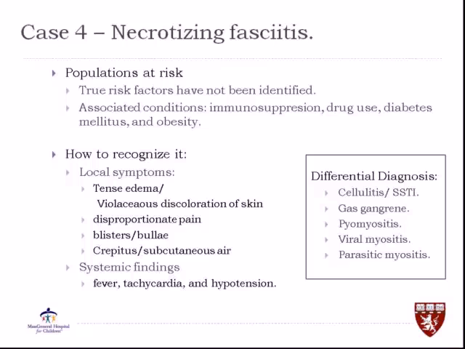Think about violaceous discoloration of the skin, another question you might want to ask your patient over the phone or a resident calling you from the emergency room. Think about bullae and blistering. Blistering is another thing that we see in necrotizing fasciitis, and not specifically with group A strep, but with other gangrenous, probably clostridial infections. You can actually feel subcutaneous air.